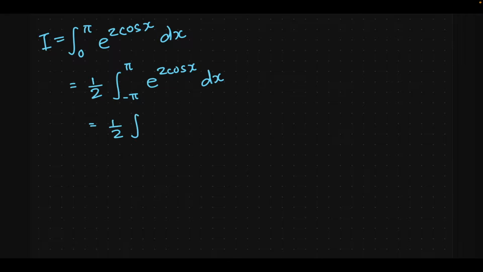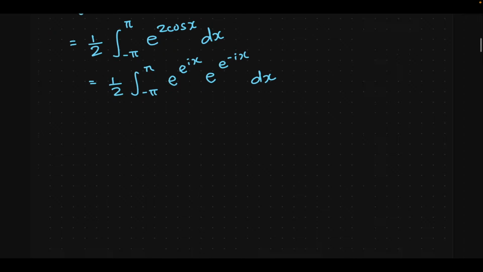We can break down cosine using Euler's identity. So we get e to the ix added with e to the minus ix, which I can just separate out like this, dx, obviously. And then I'm going to expand the second exponential in its infinite power series.